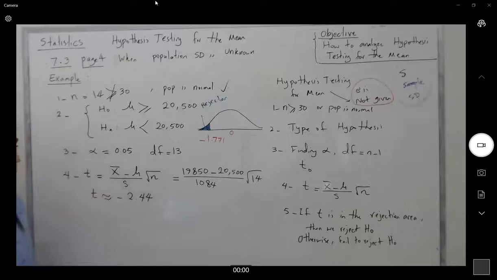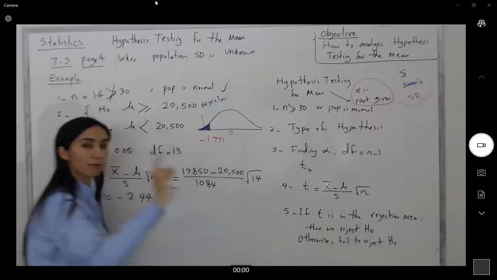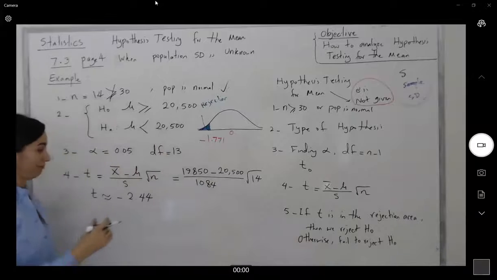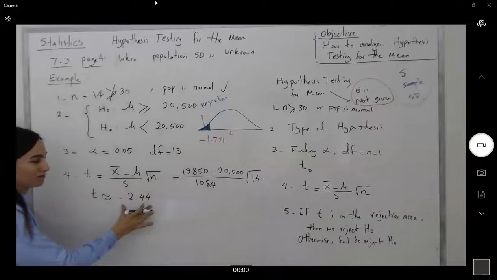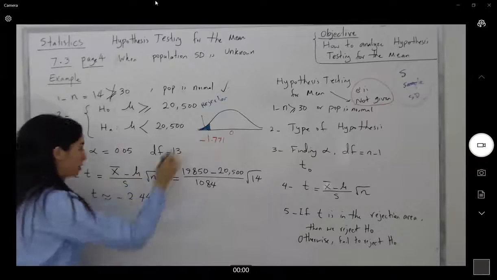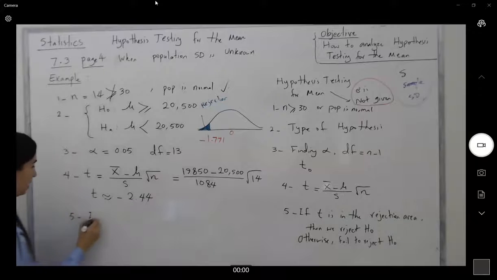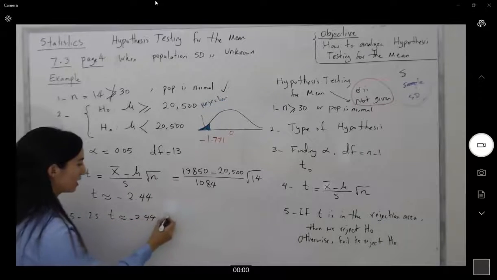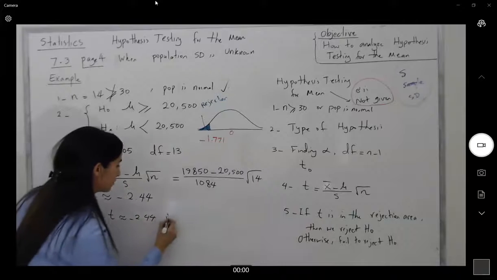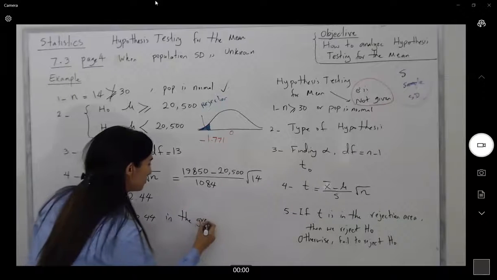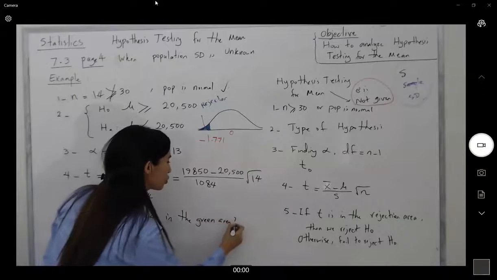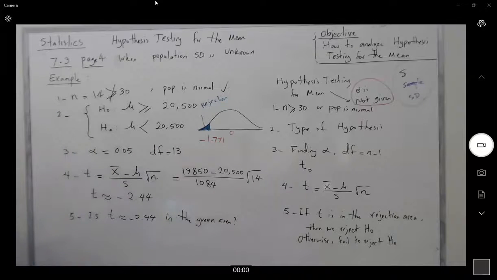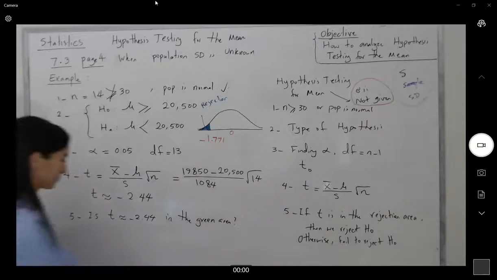Okay. So just one step left. Step 5. Is this number inside the green region or not? Is t, which is approximately negative 2.44, in the green area? Should we reject the null hypothesis? Yes or no? What do you think?